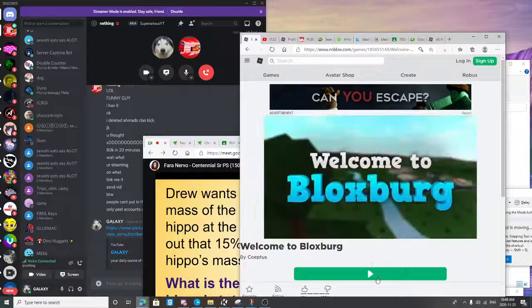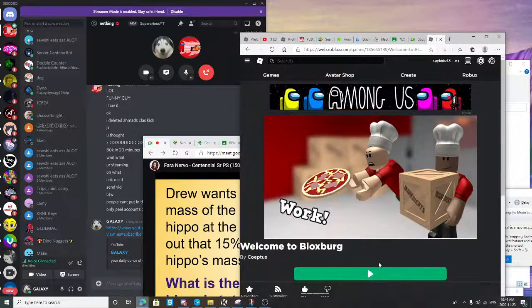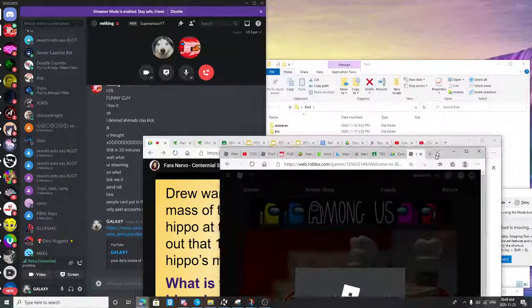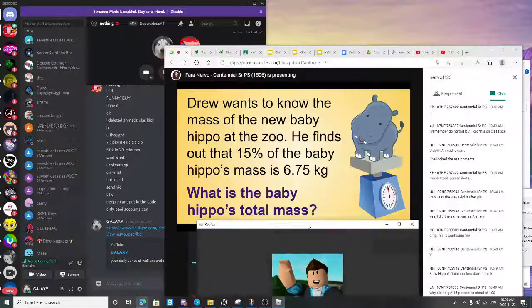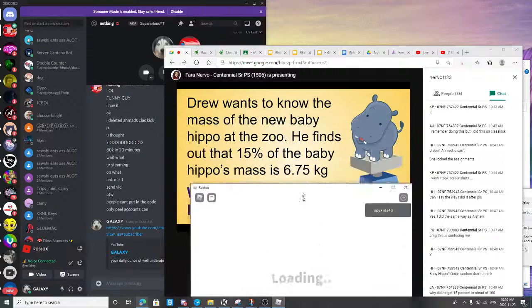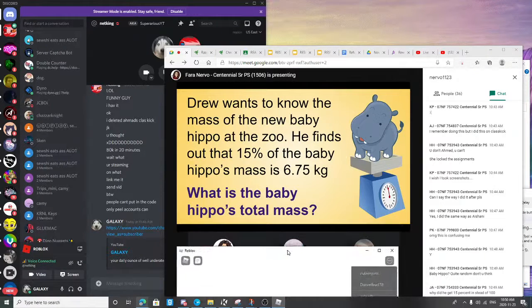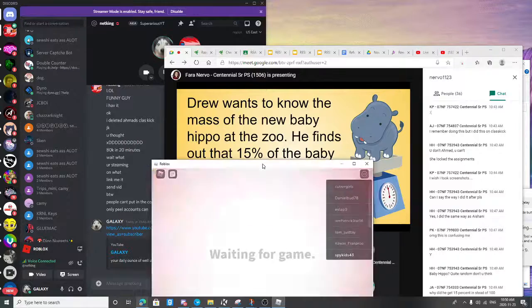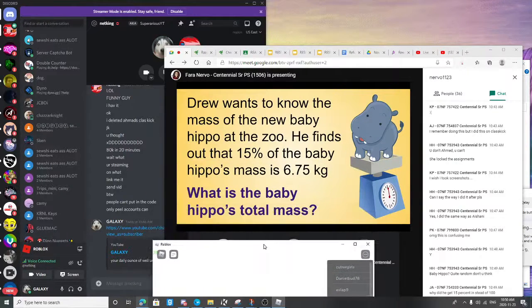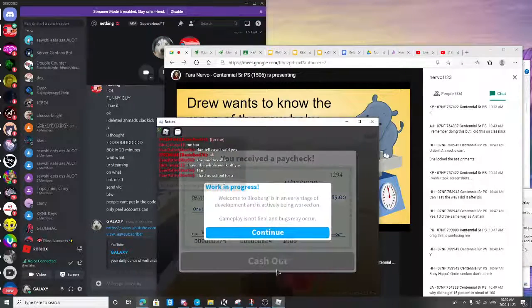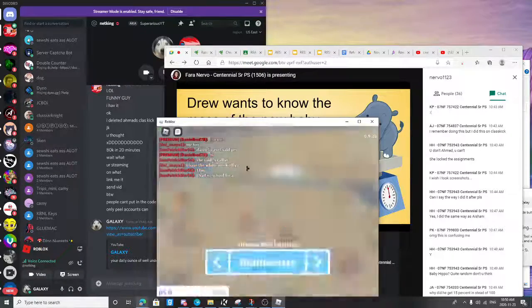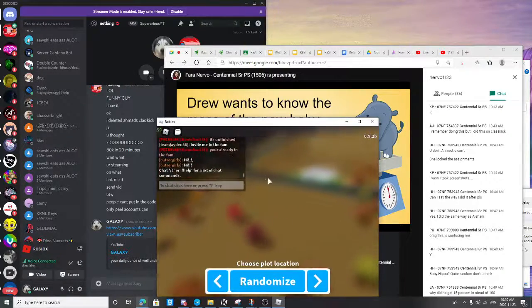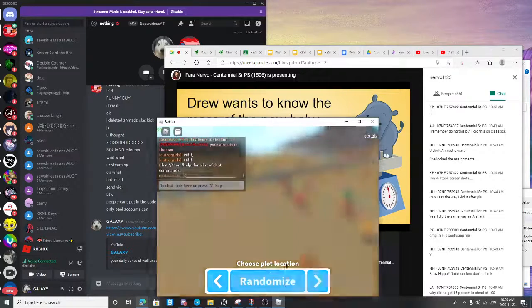Okay, Ayan says he thinks he knows. Go ahead. I think the answer is 45 kilograms. Where are you getting that from, sir? So first, we know 15%, which is out of 100%. So first thing we can do is see how many times 15 goes into 100. So 100 divided by 15 is 6.66667, right?